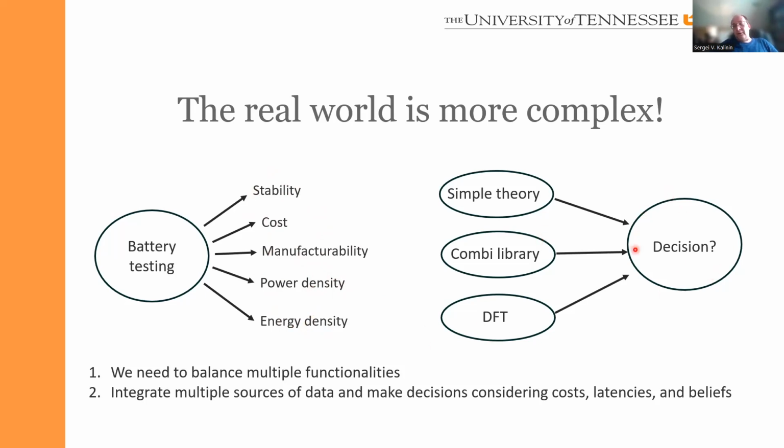The second part is when we are going to talk about multi-fidelity, which refers to the cases when we have multiple sources of data, and we need to make decisions considering the costs, latencies, and beliefs. So altogether, this is very complicated. To the best of my knowledge, there are no solutions out there that can actually do all of this at the same time.